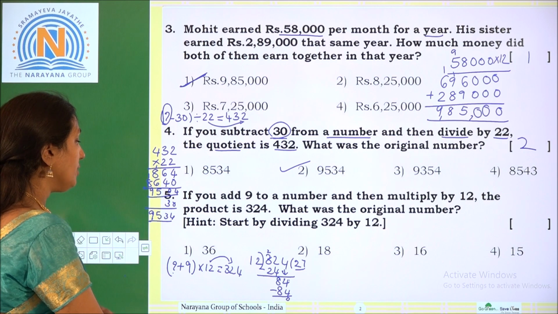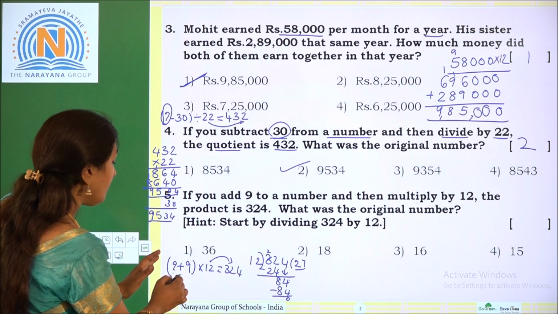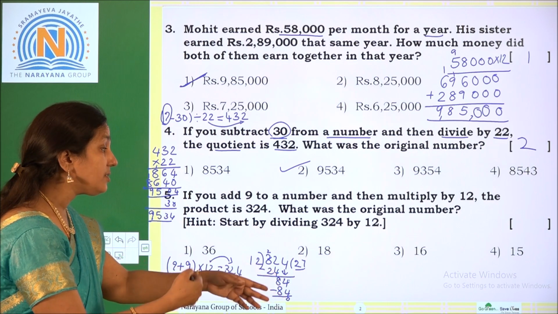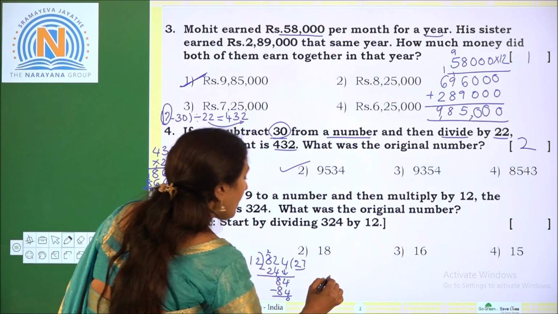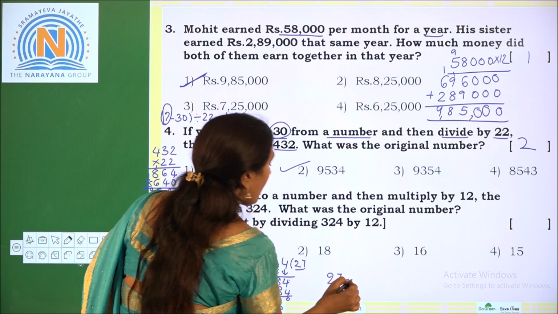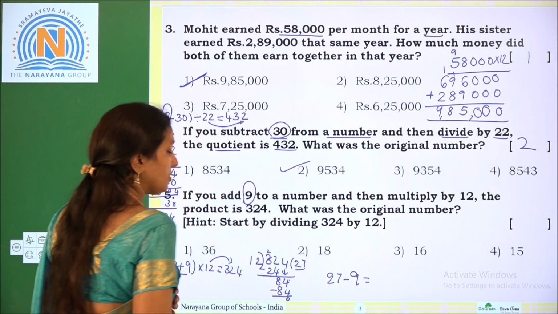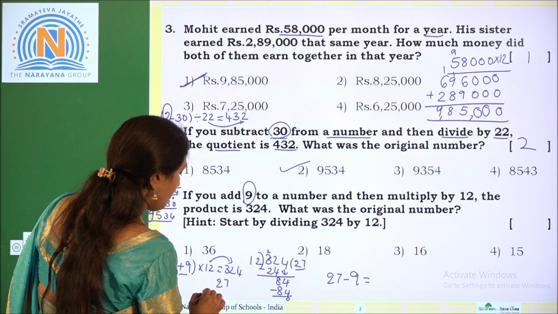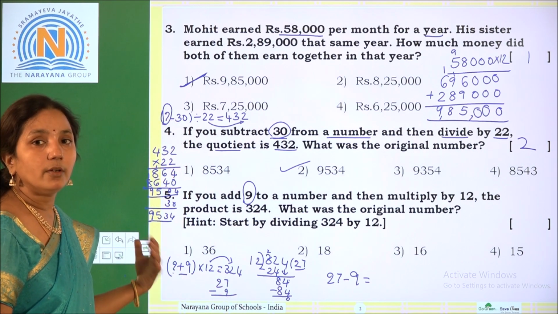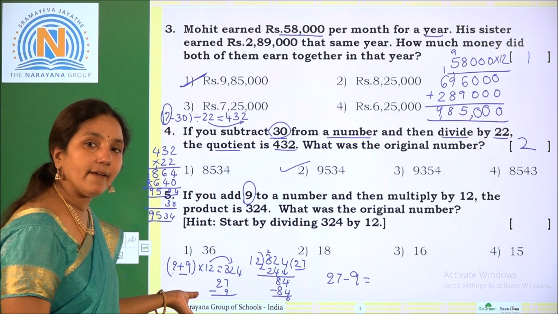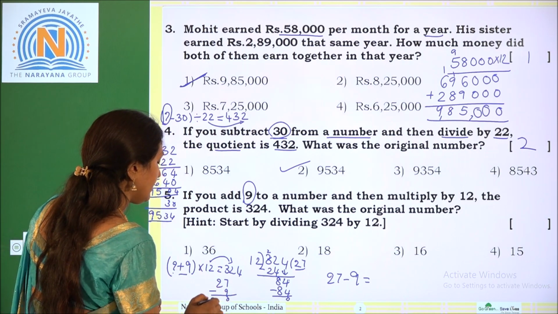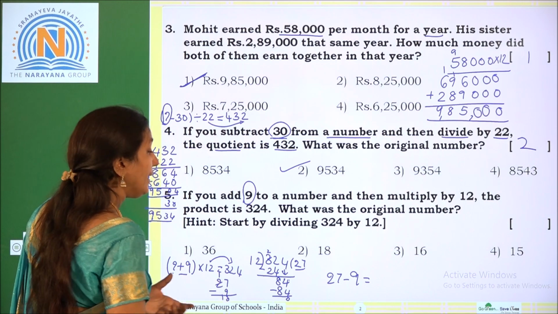Now, since we added 9, here we have to subtract. From 27, we subtract 9. 7 minus 9 cannot be done, so regroup: 7 will become 17. 17 minus 9 is 8, and this will be 1. So 18.